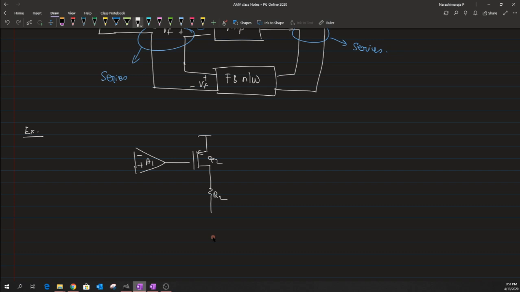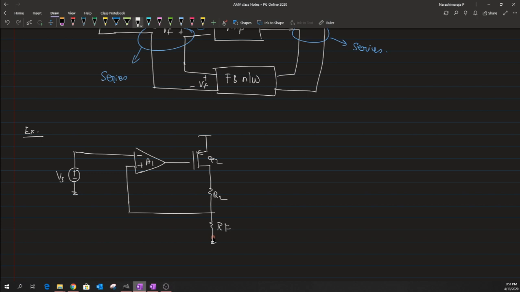Let me mark this amplifier as having a gain of 1, and the input to this is basically a Vs, and there is again a feedback, and there is a resistance Rf.